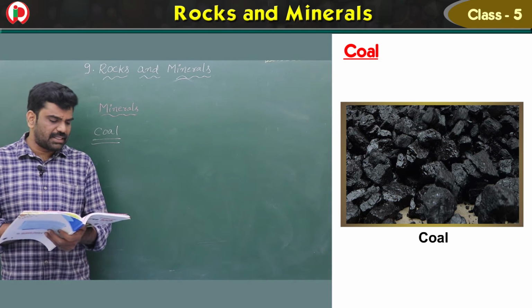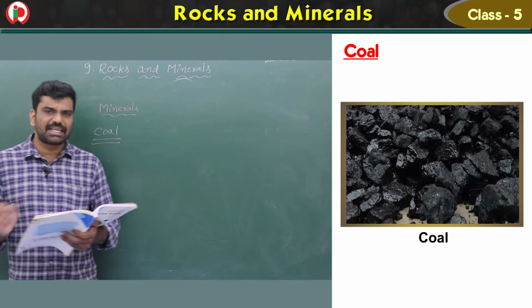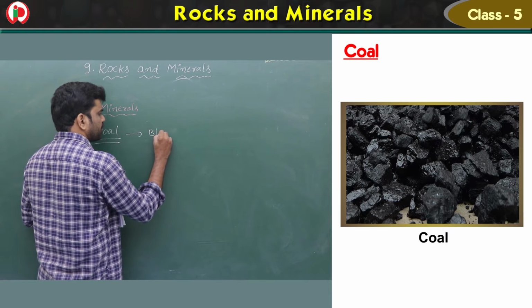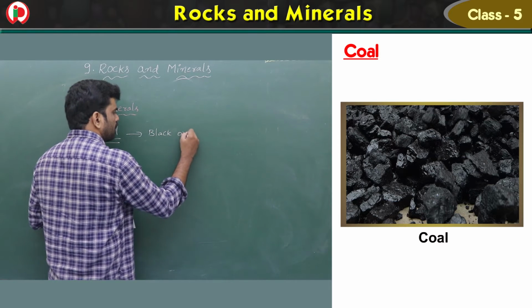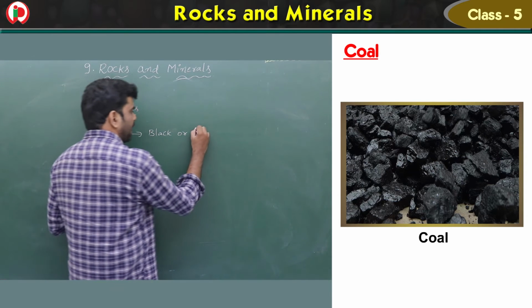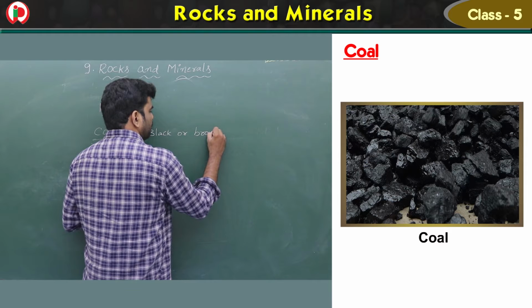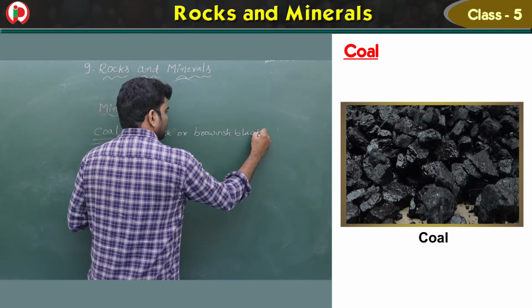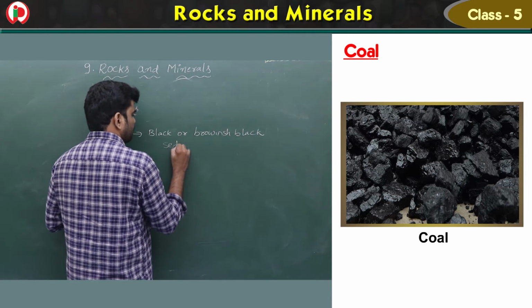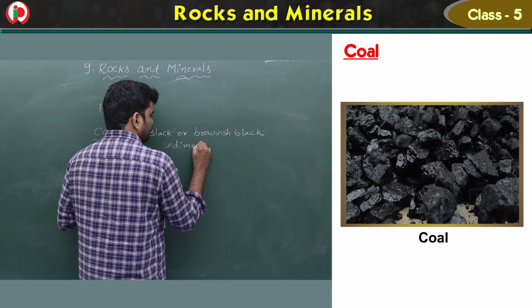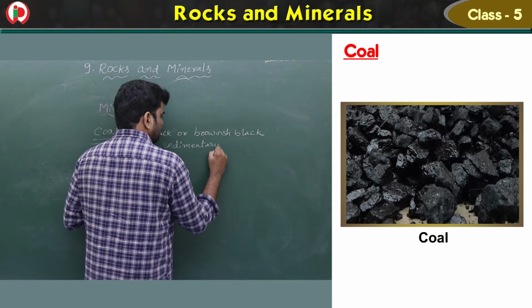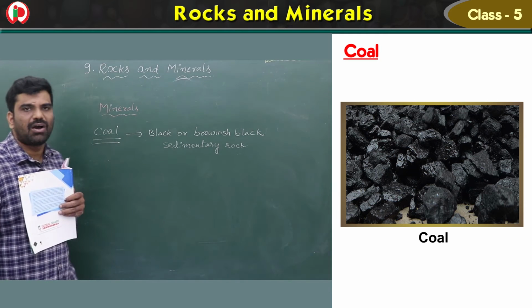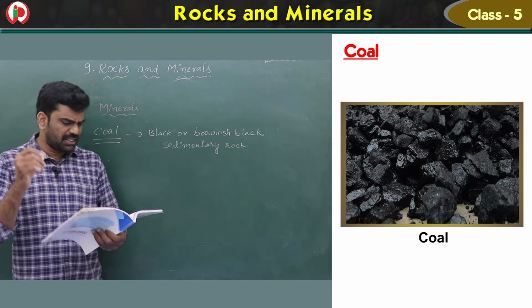So coal is a black or brownish black sedimentary rock.